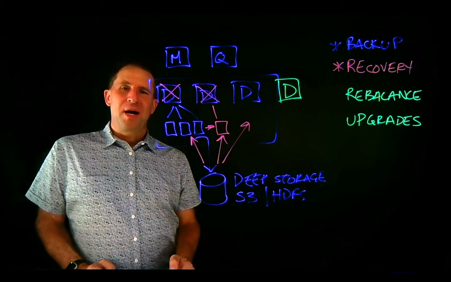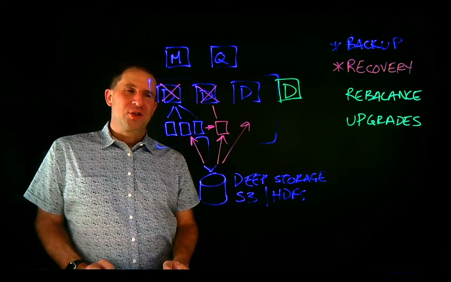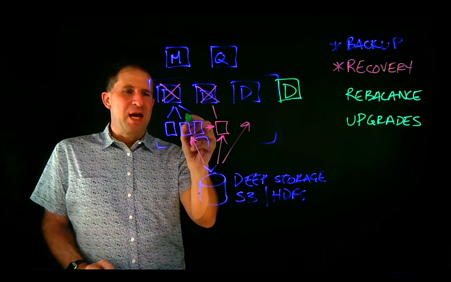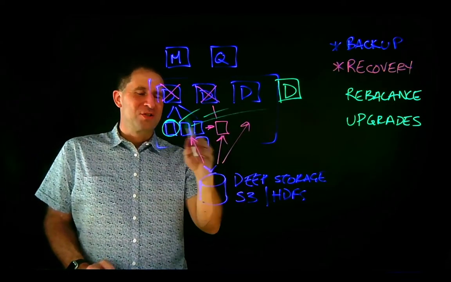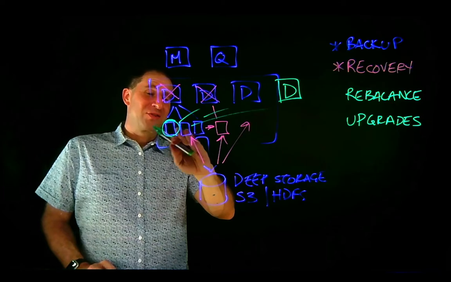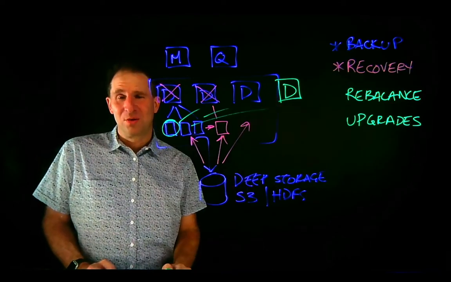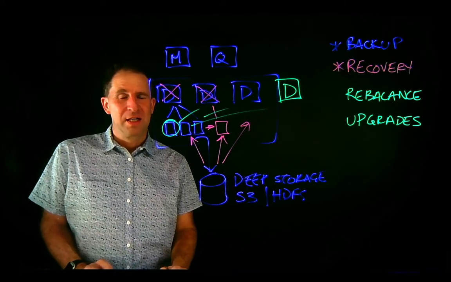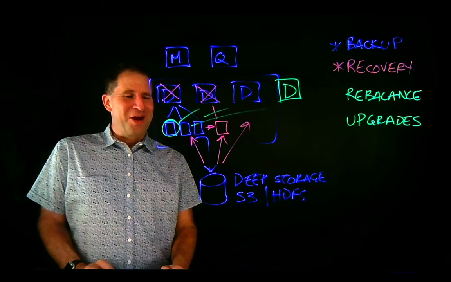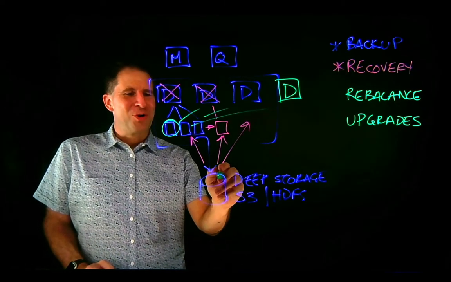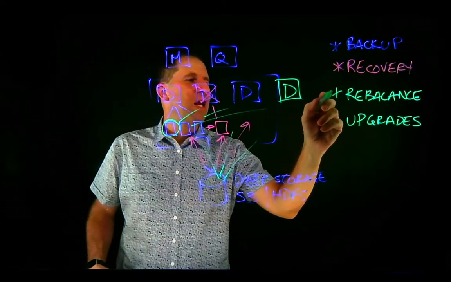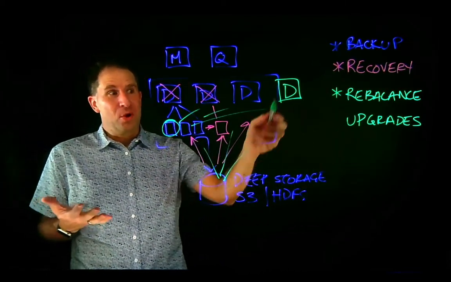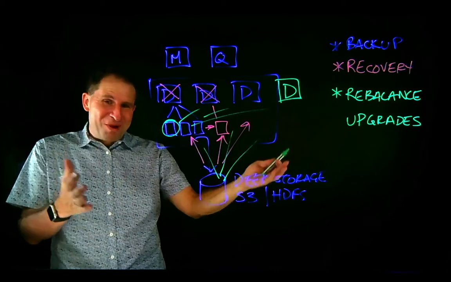Well, with one of our competitors, you're going to have to shut down the cluster and manually rebalance these partitions, manually rebalance these segments across the new data node structure here. We don't need to do that with Druid. We use the deep storage layer to automatically do that rebalancing, so you can scale out, or I suppose you could also remove a node and it would rebalance as well.